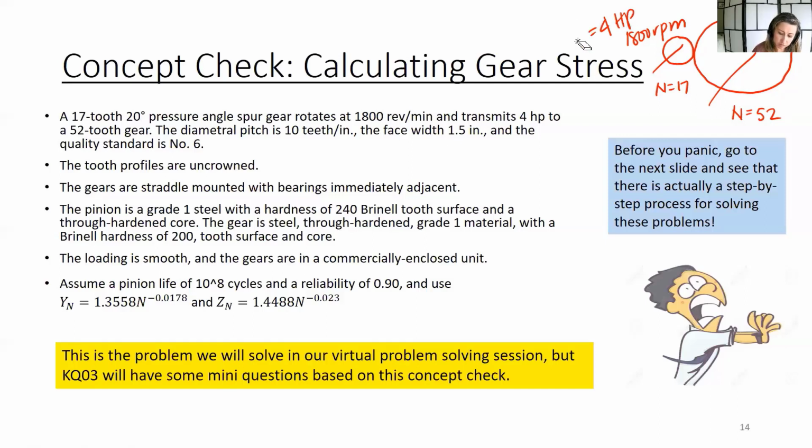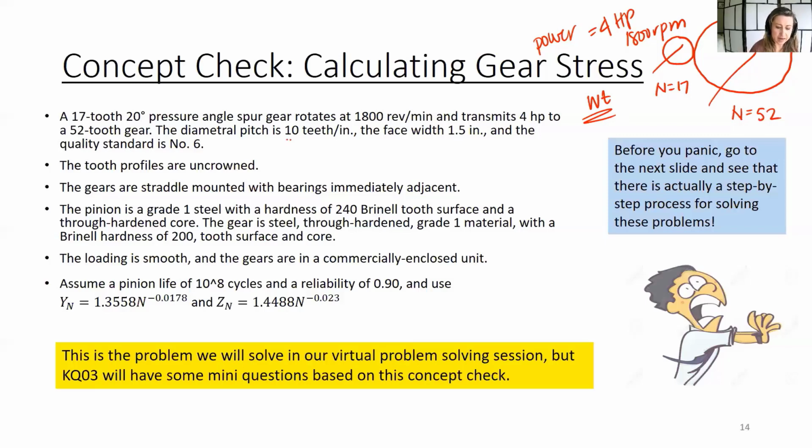This is really similar to problems you've been doing, but now we're adding on and finding the stress. From this information, you'd be able to figure out WT. That might be your first step, and that's something I'll ask you on the knowledge quest quiz.